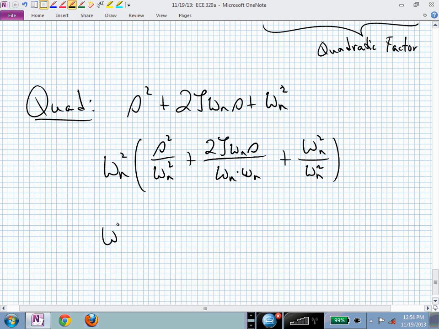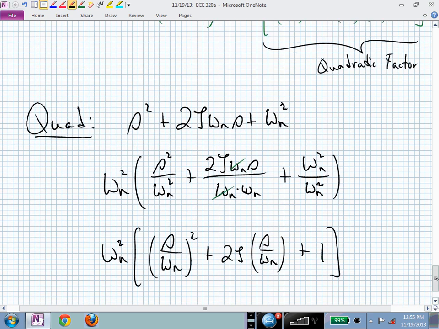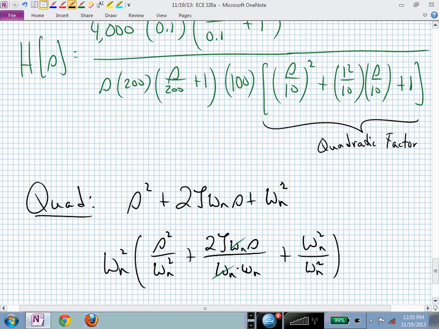But now I can cancel one of these omega sub n's, leaving me with 2 zeta s over omega sub n plus 1. And that's really what I've written down right there. Remember, zeta was 6 over 10, and that 12 over 10 represents 2 zeta.